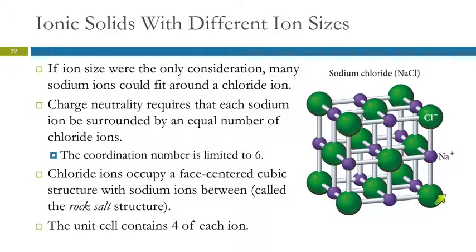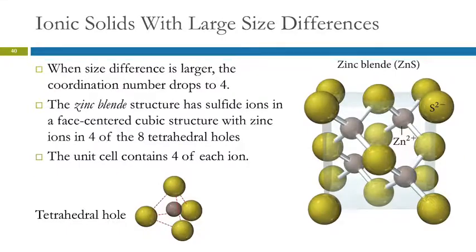Everything's right angles. Here we've got the zinc ions occupying what's called a tetrahedral hole in that structure. So if you look at 4 of the sulfide ions, they make a tetrahedral shape, and then there's a hole in the middle, and that's where the zinc ion is. So this also has a unit cell with 4 of each kind of ion, but here the coordination number is 4 instead of 6.